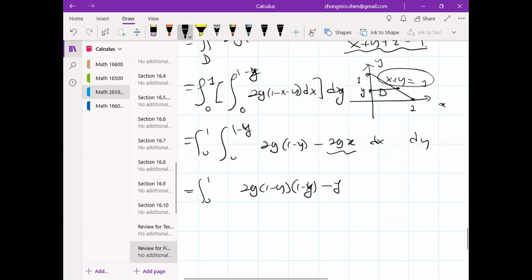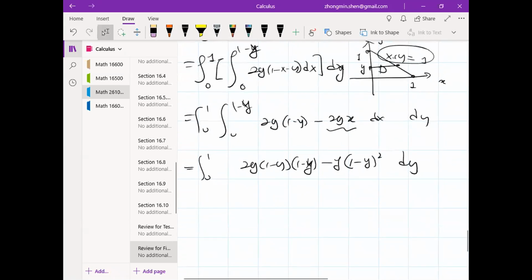For the fixed y, the upper bound for x is going to be 1 minus y. So this will be y, and this will be x squared. So 1 minus y squared, and dy. That's just a polynomial you can evaluate.